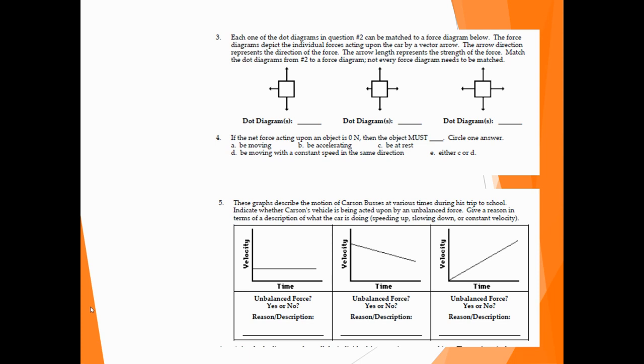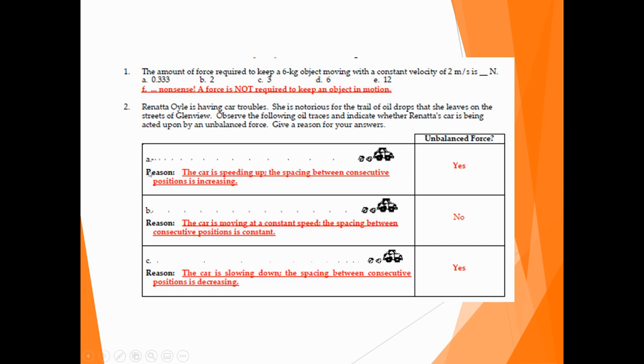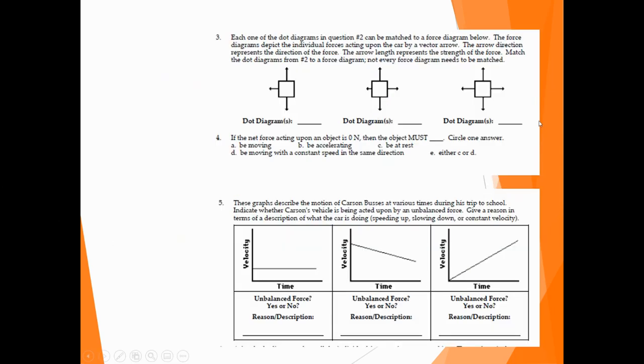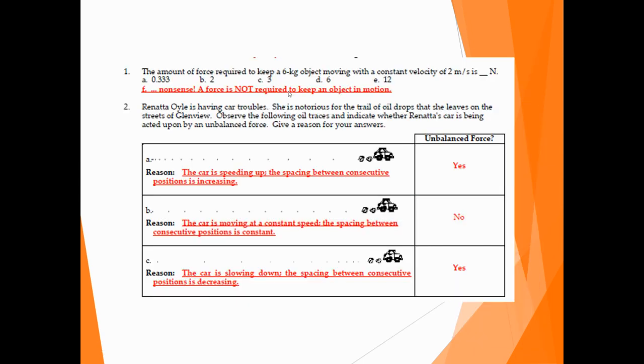It's pretty apparent when we look back that letter B has balanced forces. If we take a look at these, this one definitely doesn't have balanced forces. This middle one isn't balanced, but the last one here is balanced. So that one looks like it could go with letter B. Then if we look at this one, this guy in letter A is speeding up.